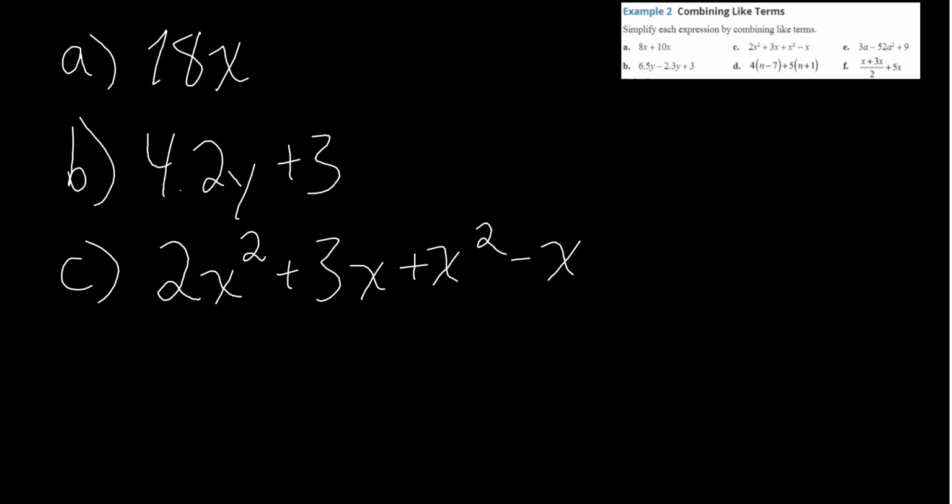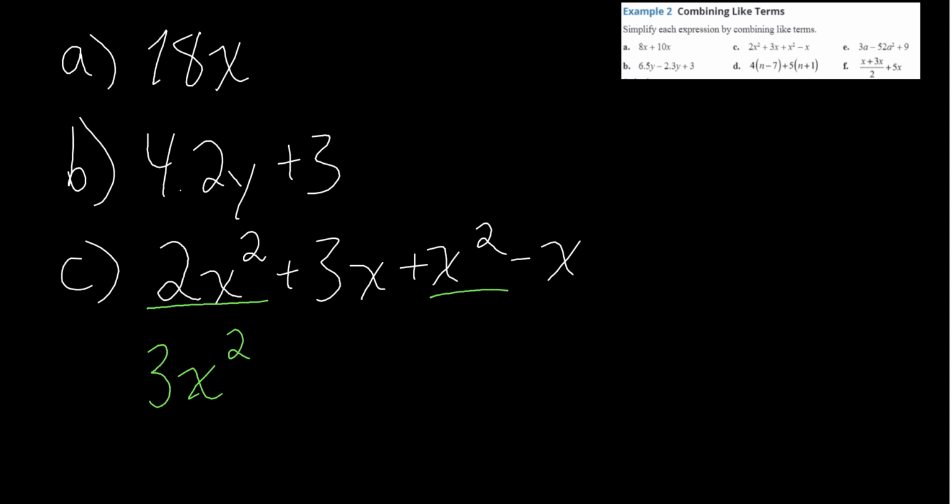Later on in mathematics, we're going to have problems like this, and we need to combine like terms. Sometimes you're going to miss a term. Now, here's what we're going to do. We are going to underline. What I do is I underline terms that I'm combining. So 2x squared and then x squared is going to be 3x squared.